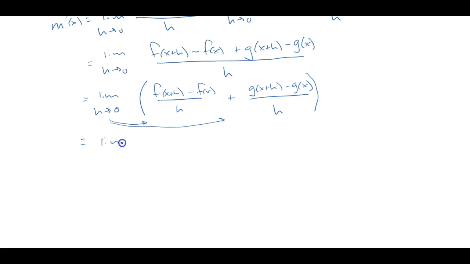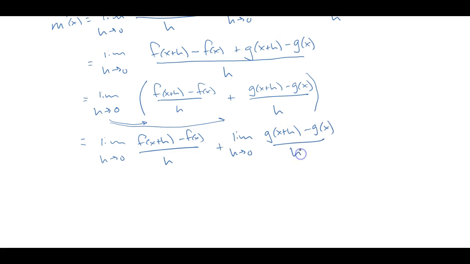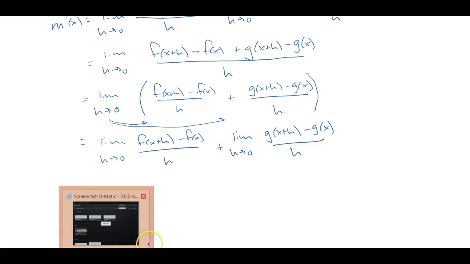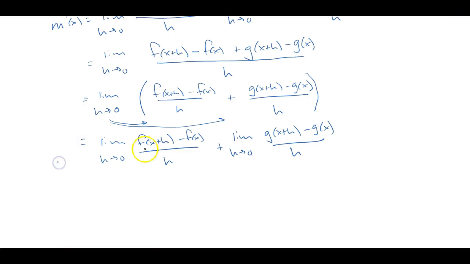So let's take the limit as h approaches 0 of f of x plus h minus f of x divided by h, plus the limit as h approaches 0 of g of x plus h minus g of x divided by h. Now, really, if we really wanted to, we could take that limit as h approaches 0 of each and every one of those pieces inside those quantities. But it's kind of convenient right now to look at where we're at.